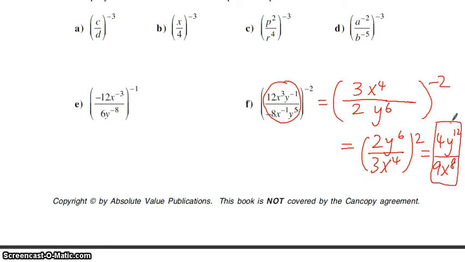Now let me try another way, which is I multiply negative 2 to everything here. Okay, so 12 to the negative 2, x to the negative 6, y to the positive 2. So that's the benefit of doing it this way, because you cancel the negative, but it's not good for the other one. It still remains negative.